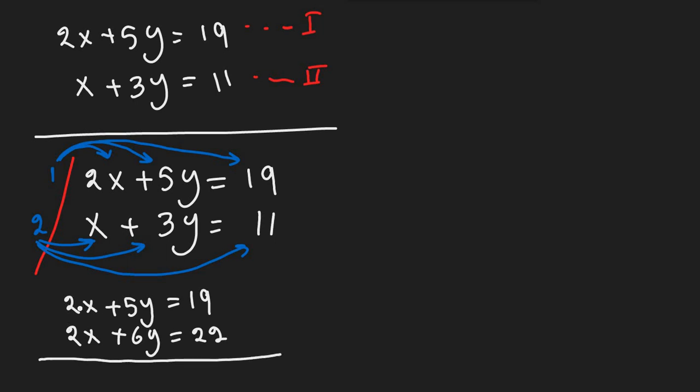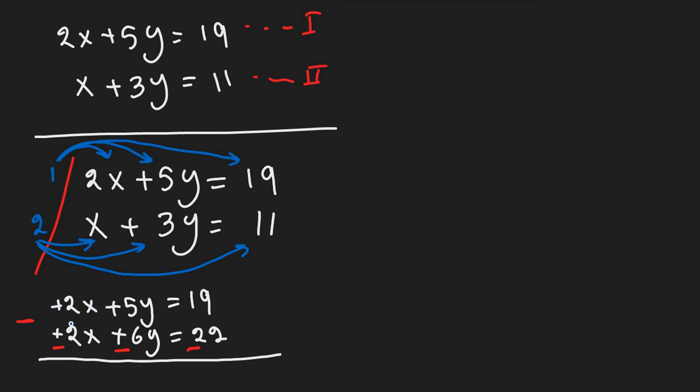Here now we have equal parts, 2x and 2x, and both of them are positive. In the previous lesson, we studied that if both parts are positive or negative, we have to subtract. So now we will subtract. For subtraction, we have to change the signs of the second equation, all parts: positive becomes negative, and positive becomes negative.